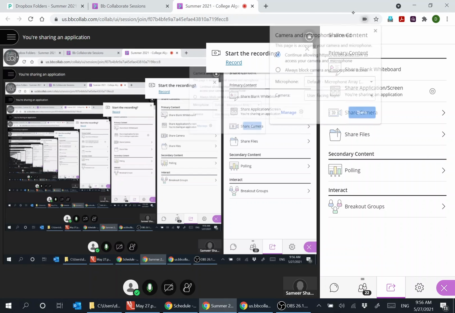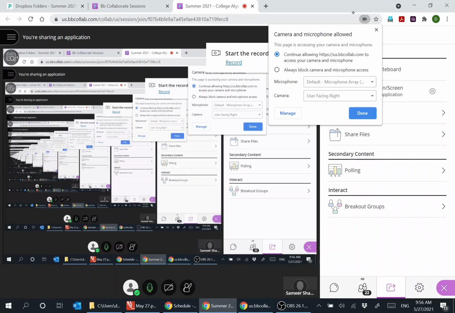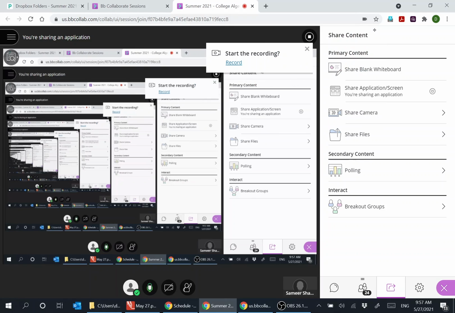There's another icon here, and you have to work with the settings here. Camera, use right facing, and allow access to camera and microphone. The browser pretty much automatically will block the camera, so you have to, at some point, have enabled this. We need to have that working for everybody on the exam day.